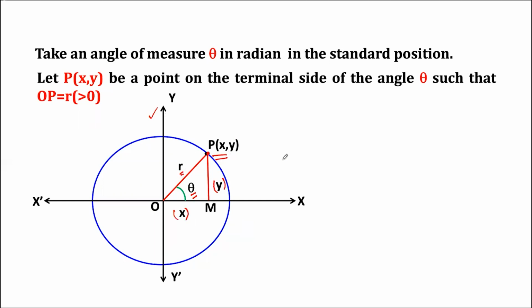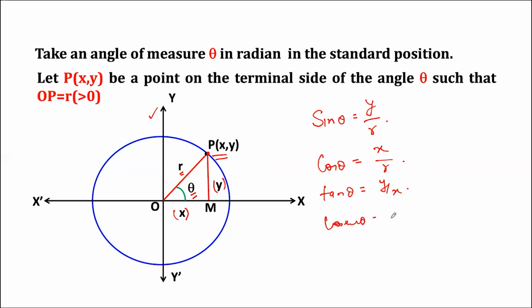So we can easily denote everything. Sine theta means the perpendicular upon the hypotenuse, right? Cos theta is again base upon hypotenuse. Tan theta is y by x, right?